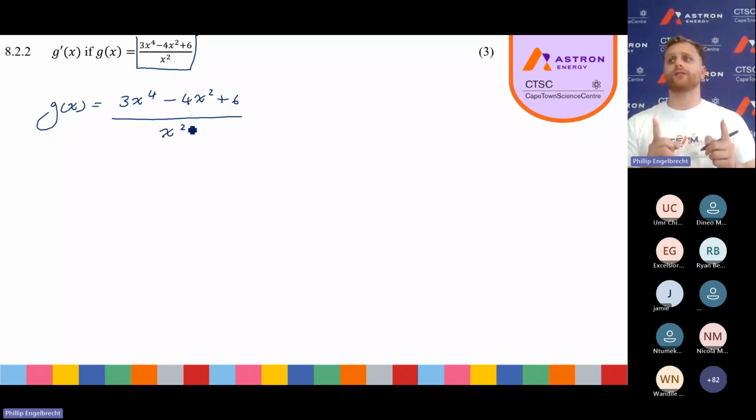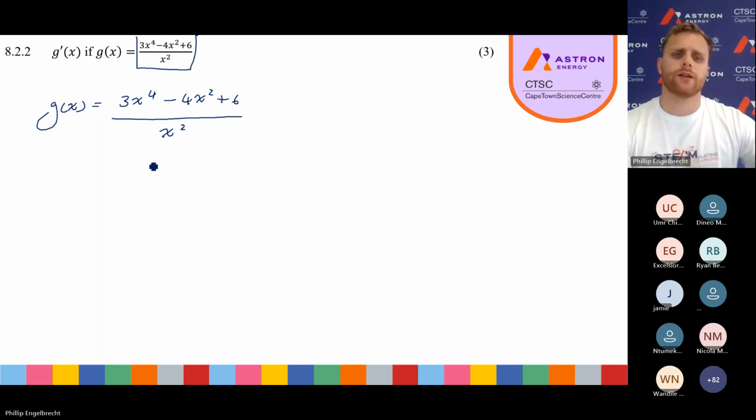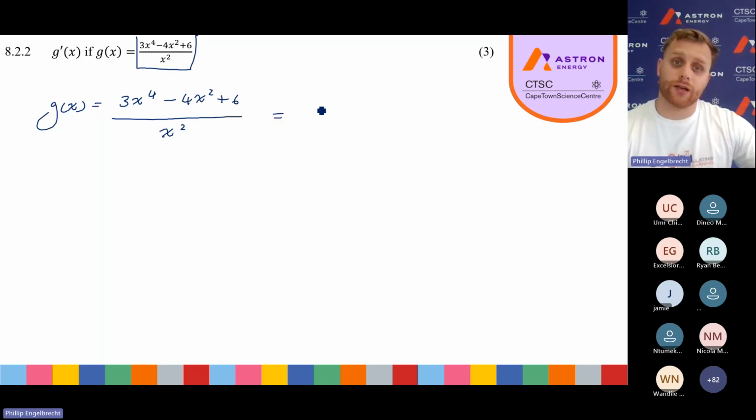Now, when solving this, you need to firstly get rid of all the square root signs and all of that. And also, if you see that x is in the denominator, you have to get rid of that x. So what I'm going to do is factor out an x squared in the top part. And I'm going to get, well, this becomes 3x squared minus 4, right?